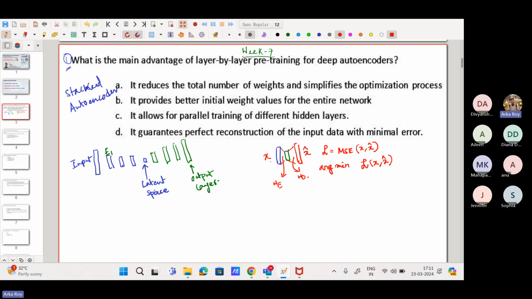We have seen from the SVM lecture how, if you are given an equation like y equals wx plus b, we know how to absorb the bias term inside the weight term using the concept of matrix factorization.